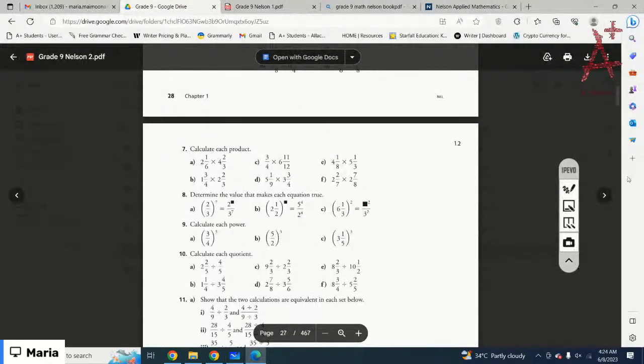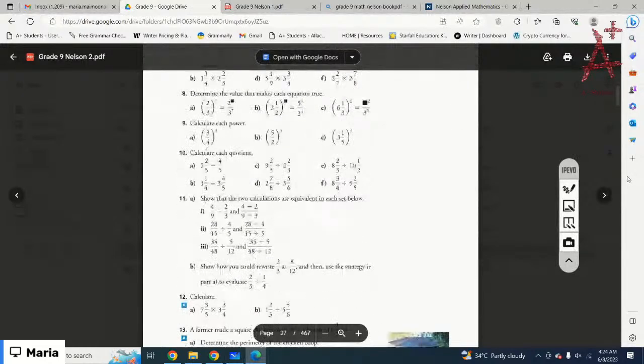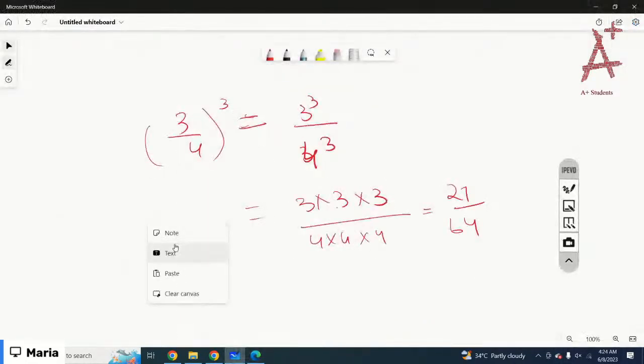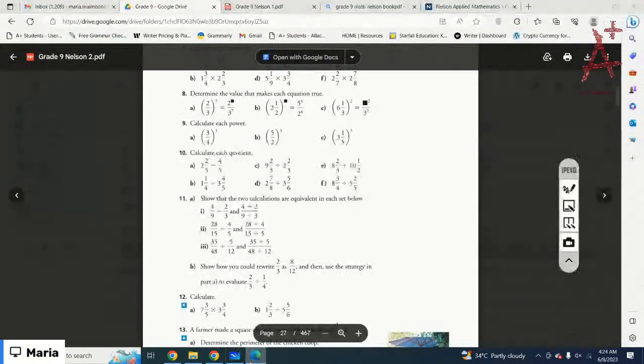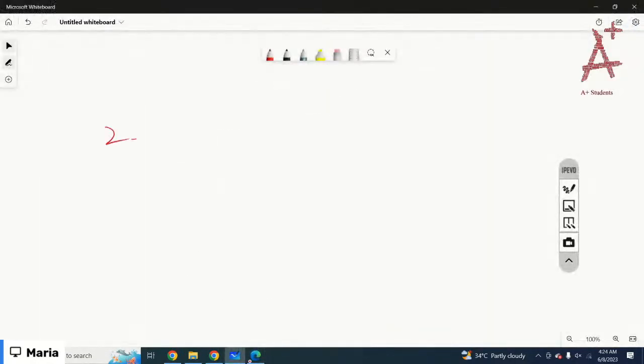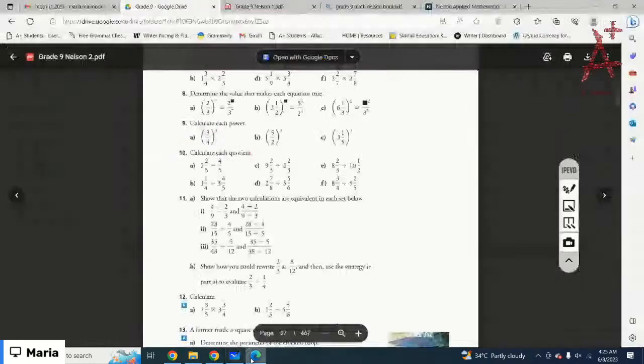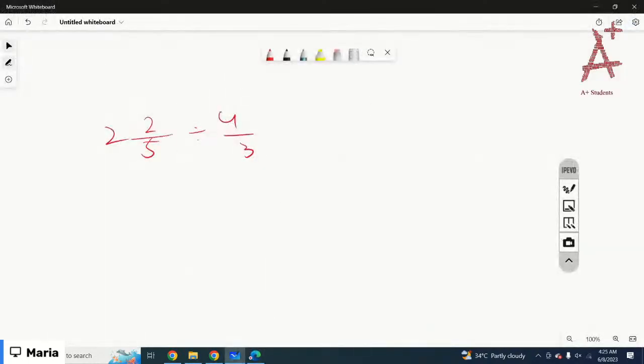Okay, let's look at question number 10. Calculate each quotient. 2 whole 2 over 5 divided by 4 over 5. Let's convert this fraction into an improper fraction.